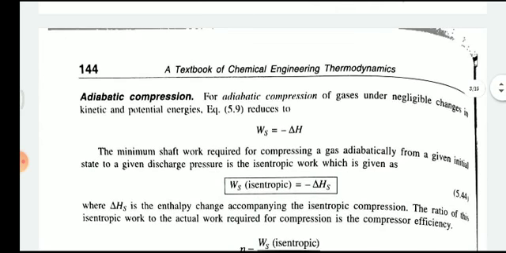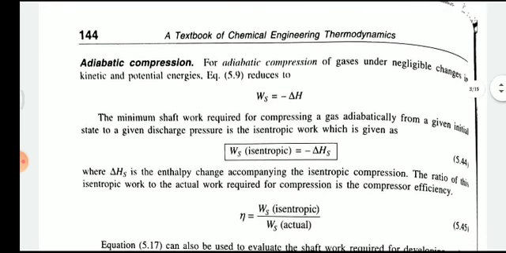For adiabatic compression of a gas with negligible changes in kinetic energy and potential energy, it will be written as Ws equal to minus delta H. The minimum shaft work required for compressing a gas adiabatically from a given initial state to a given discharge pressure is the isentropic work, Ws isentropic, that is delta H S, where delta H S is the enthalpy change accompanying the isentropic compression.